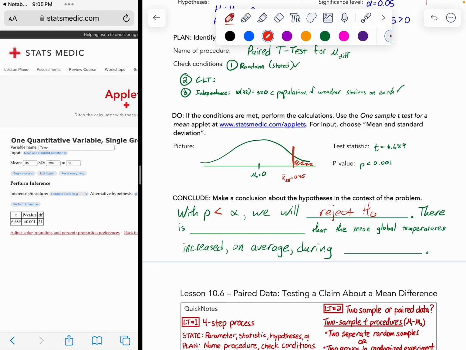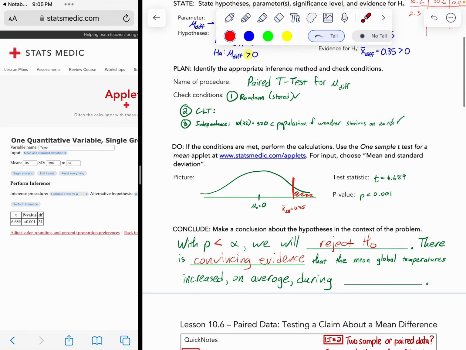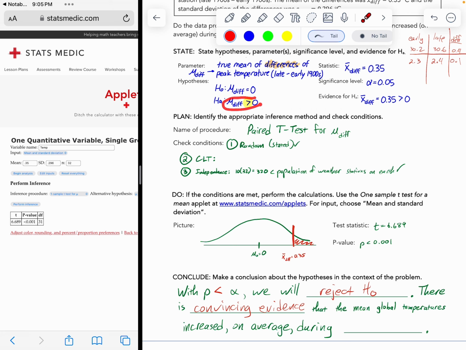What does that mean? That's when we use the phrase, there's convincing evidence. Of what? Convincing evidence of the alternative. So put that into a sentence: the average global temperatures are increasing on average during the 1900s. I left this blank just to provide as much context as you can, during the 1900s.